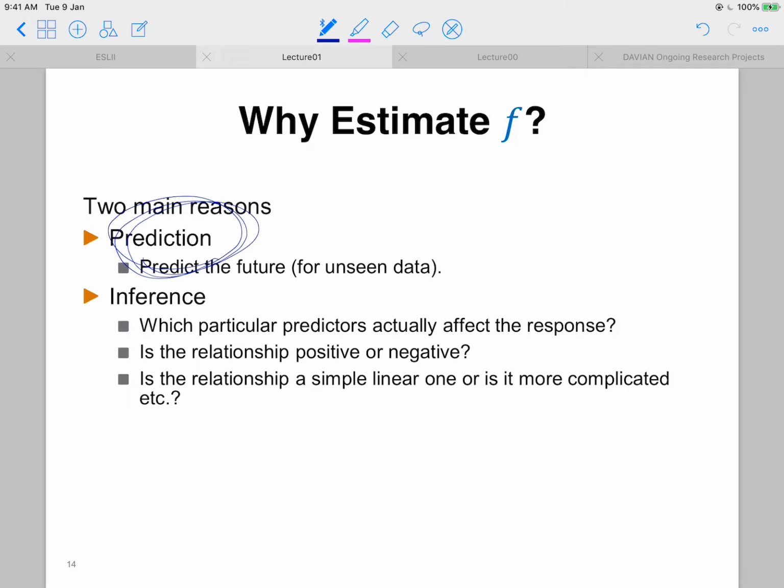But at the same time, these regression or supervised learning methods can also be useful for inference. In the context of machine learning or deep learning, inference is almost the same thing as prediction.